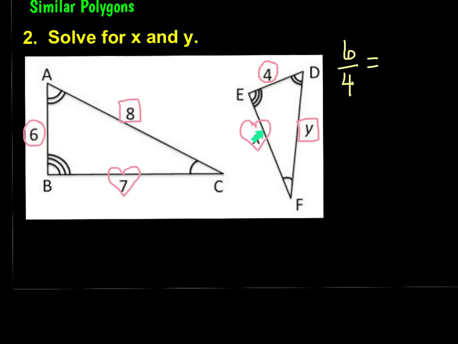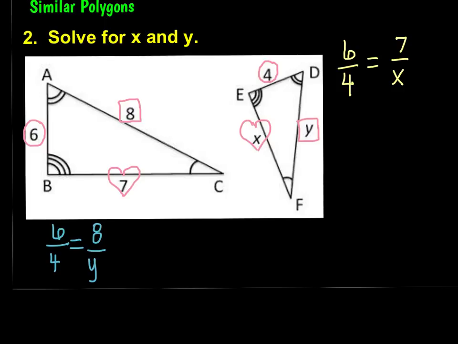So 7 and x. So 7 over x. Okay, and I might as well set up my other proportion. I'll go ahead and do it down here at the bottom. We go with 6 over 4 is equal to, and we'll work with the squares, 8 over y. So 6 over 4 is equal to 8 over y.